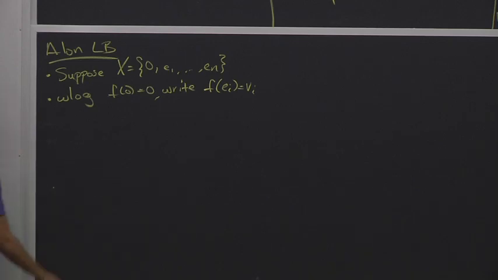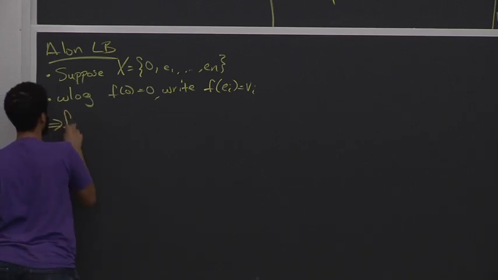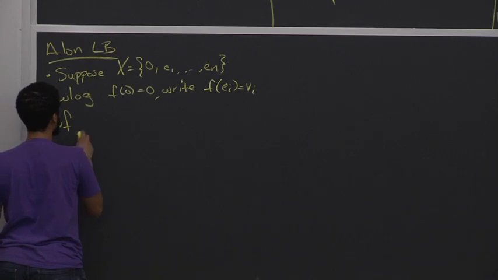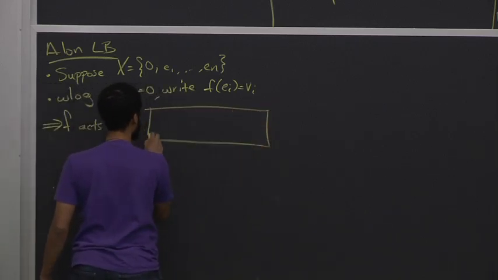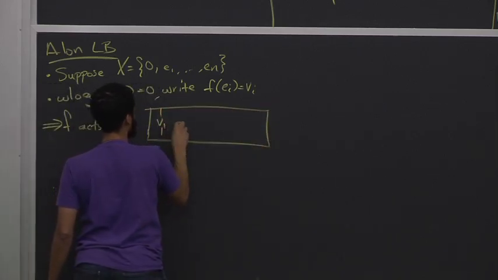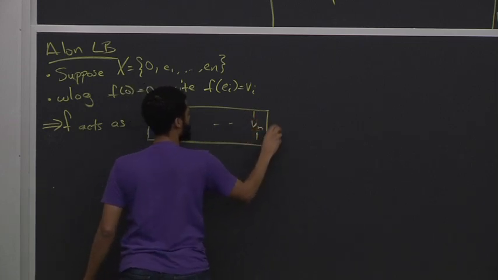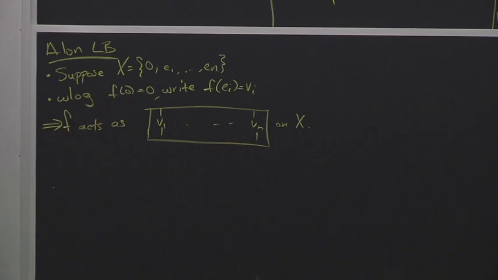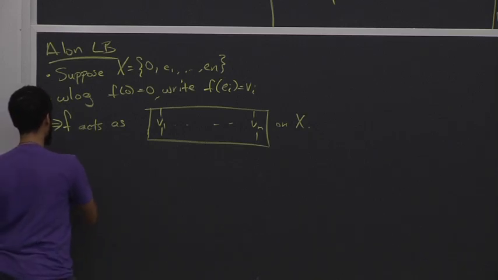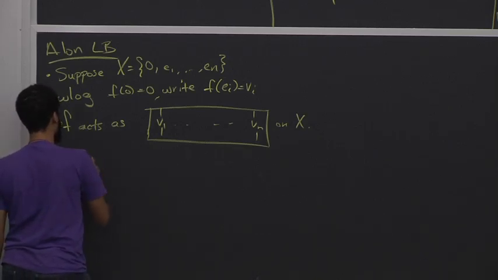So this implies that f acts as this matrix with columns v1 through vn on x. Okay, what can you tell me about these vi's? First of all, what can you tell me about the norm of vi?